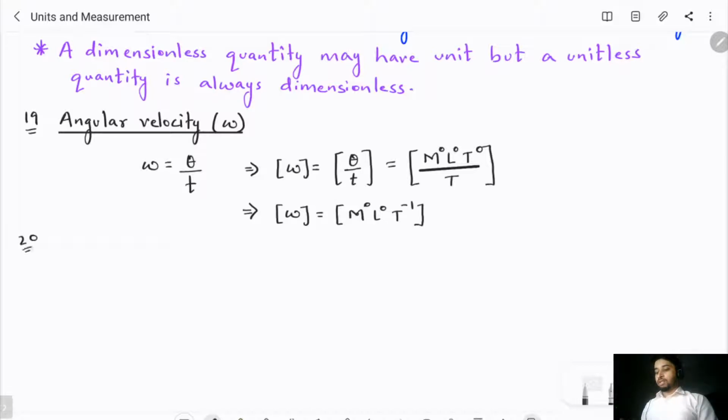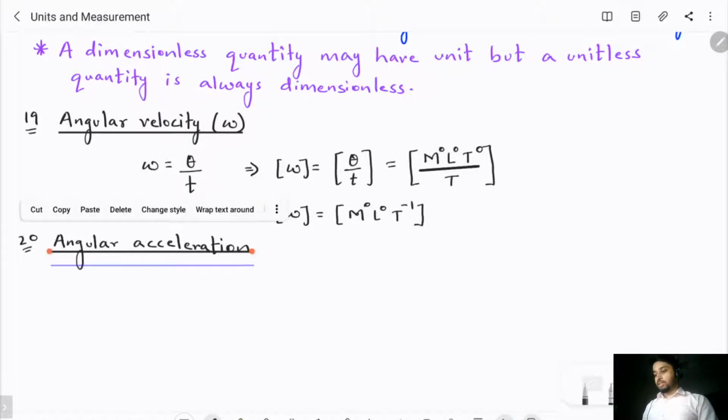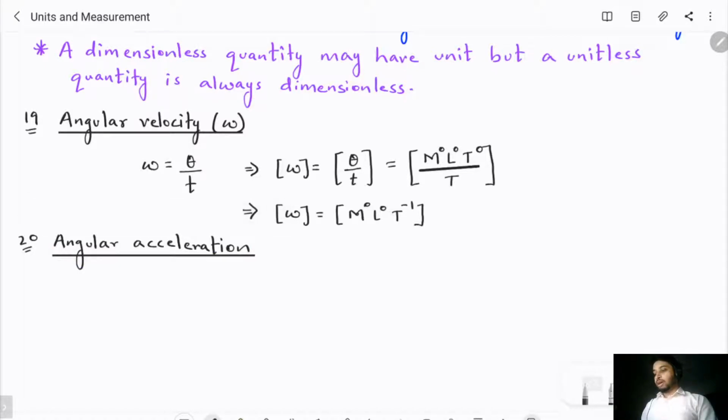Next physical quantity we can see angular acceleration. Angular acceleration is represented by alpha. So angular acceleration is basically rate of change of angular velocity, or you can write it as angular velocity by time.